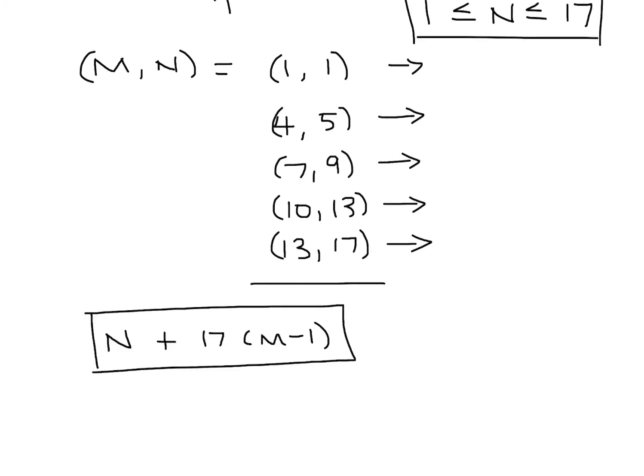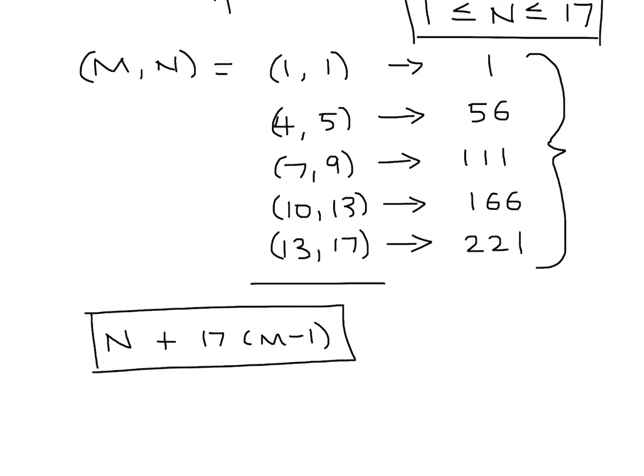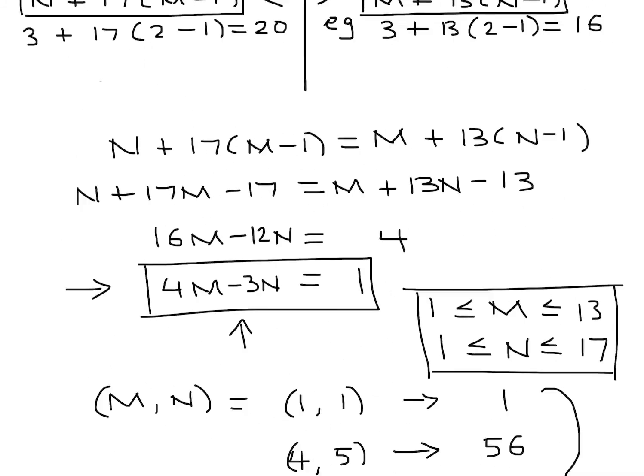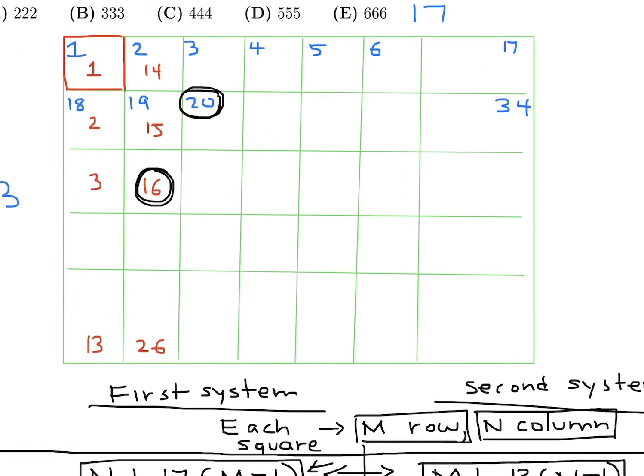And if you substitute each of these into here, you will get 1, 56, 111, 166, and finally 221. So these are the numbers in those boxes that, when labeled in both systems, will be the same.